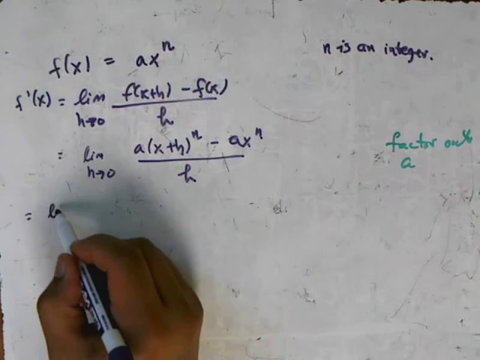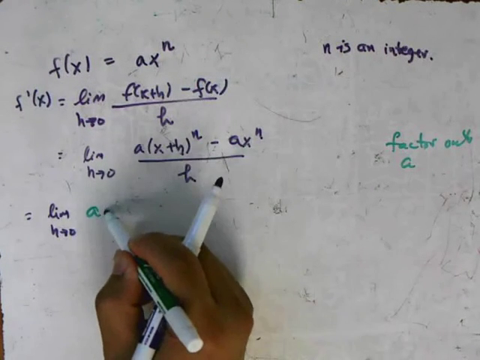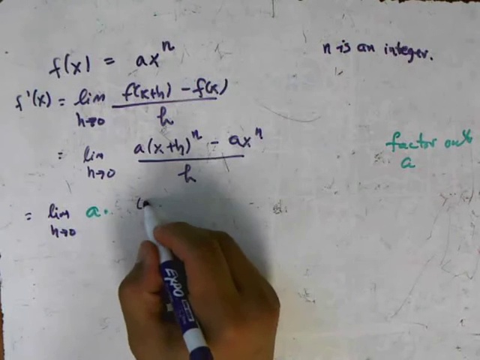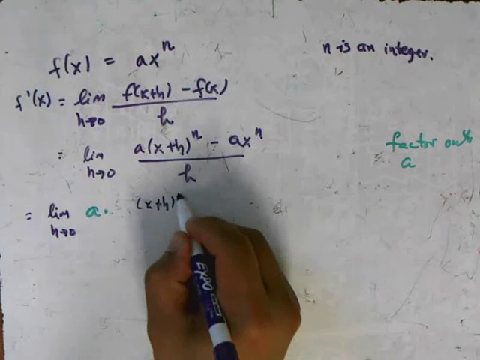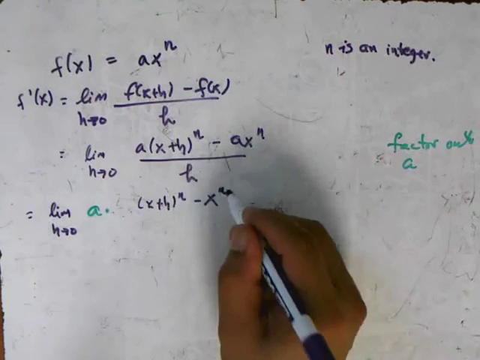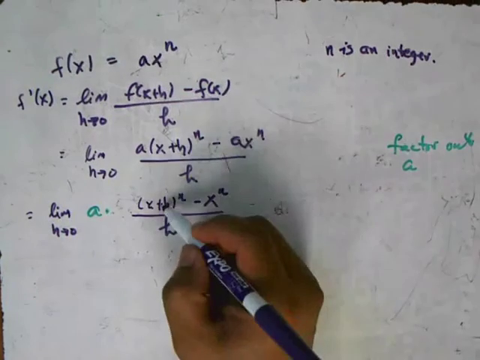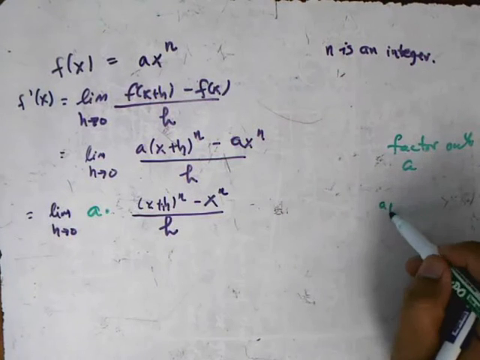So this is equal to the limit as h approaches 0, taking an a out of it this time, times (x plus h) to the nth minus x to the nth, all divided by h. And now we're going to apply the binomial theorem.